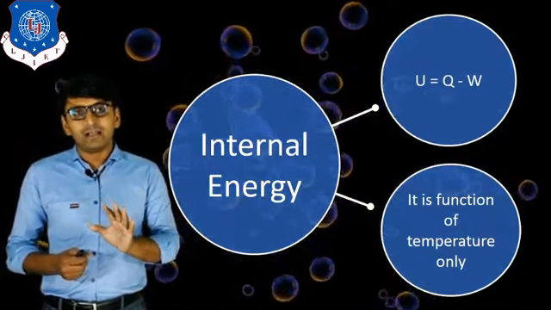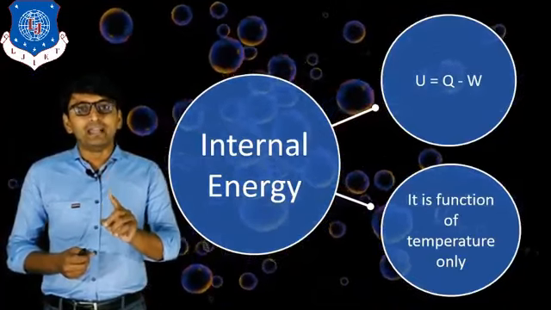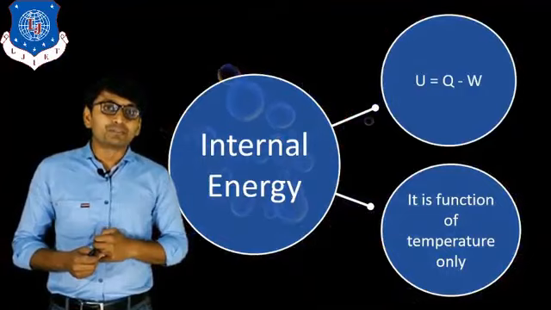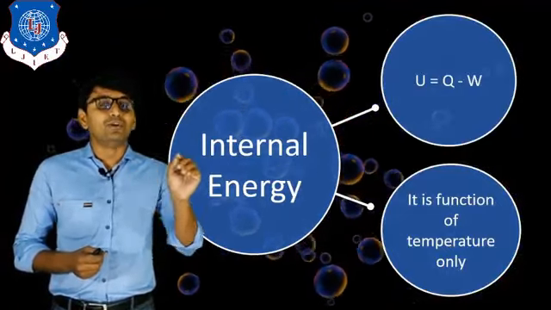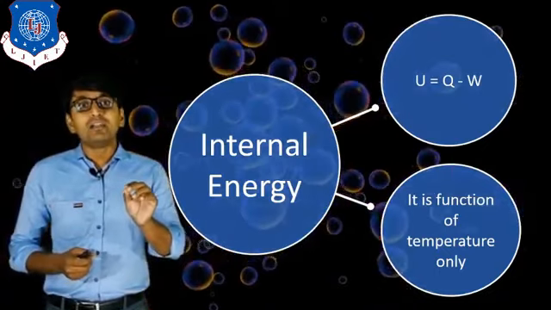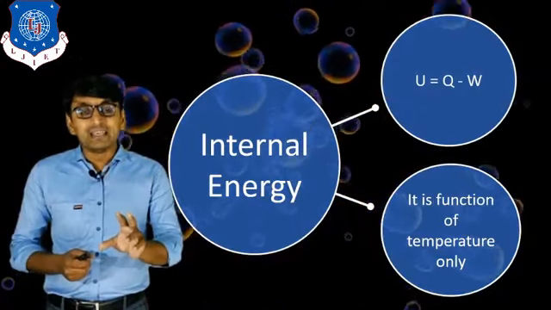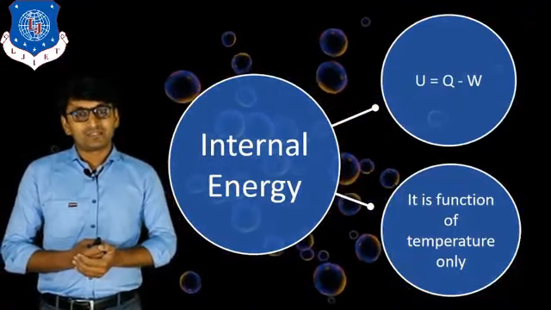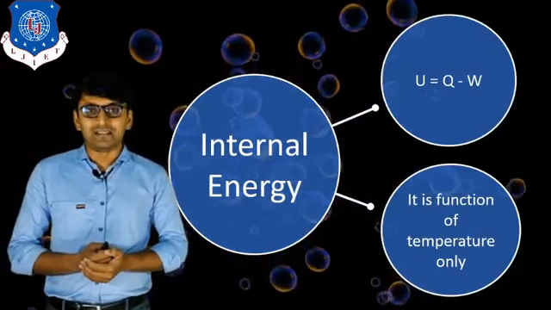For example, 20 kilojoule heat is supplied to the system and the system produces 15 kilojoule work. So 5 kilojoule energy is stored in the system. That is internal energy.